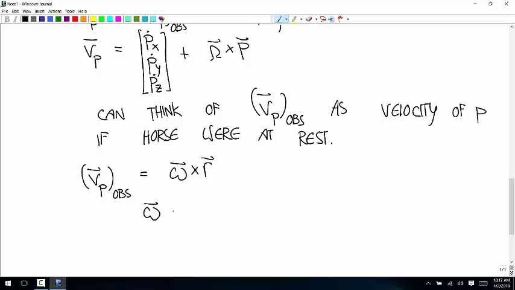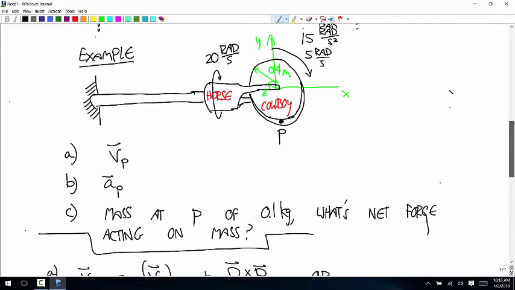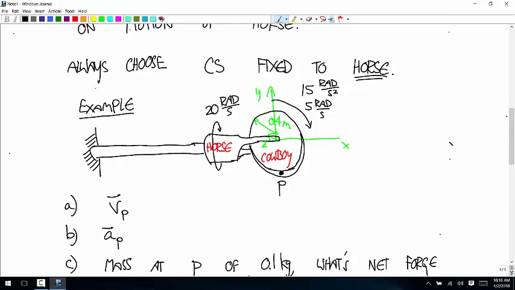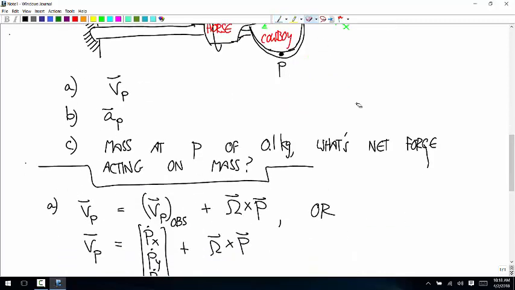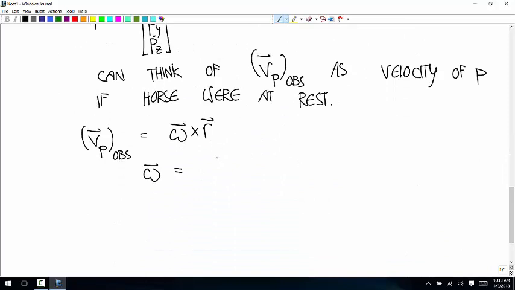What's lowercase omega? Yeah, 5 radians per second in the negative z. So 0, 0, negative 5.